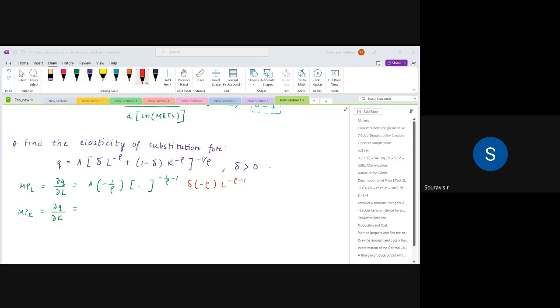First, the derivative of the minus 1 by rho power: the inner component stays the same, the power becomes minus 1 by rho minus 1, and then we went inside and did the derivative for delta into L to the power minus rho part.